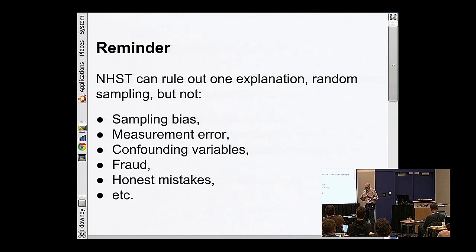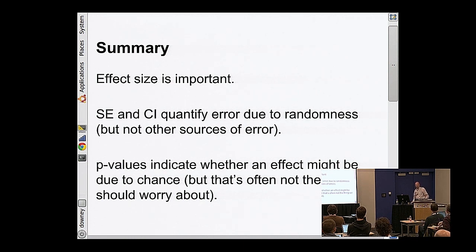So here's where I come down on all of this: the p-value does do some work for you, but it's not the most useful piece of work. Here's my summary. The p-value indicates whether an effect might be due to chance, but that's not the only thing you should be worrying about. The standard error and confidence intervals quantify error due to random sampling, but that's not the only thing you should be worrying about.